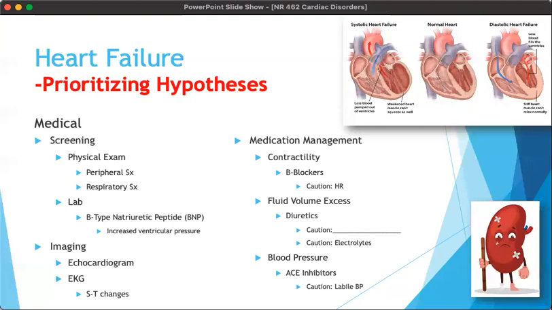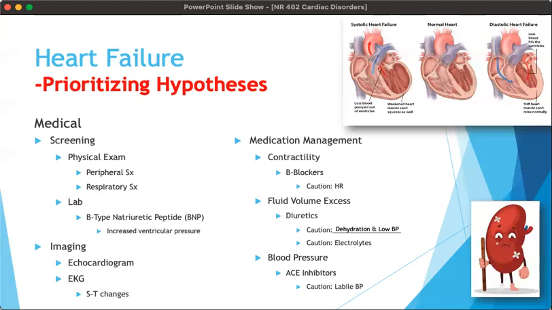If patients are getting dehydrated, we need to be super careful of them becoming orthostatic, so watch for the risk factors and symptoms of orthostasis. Be super careful looking out for low blood pressures associated with dehydration and diuretic use.